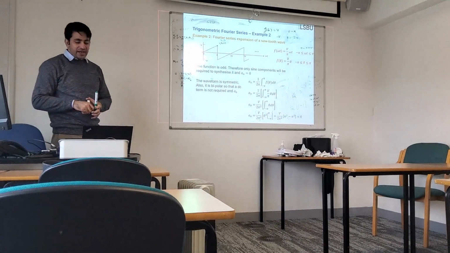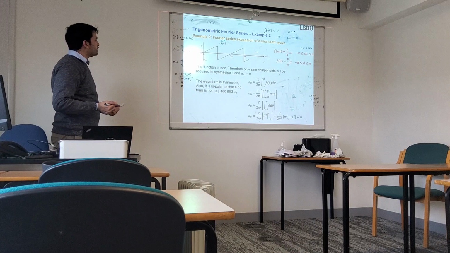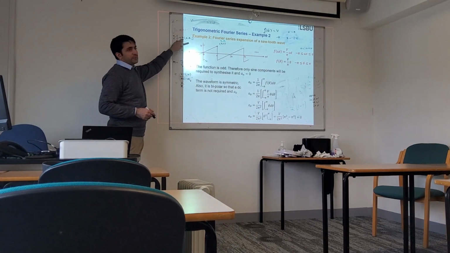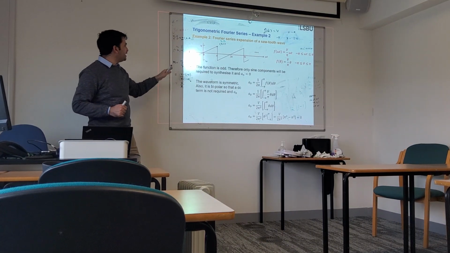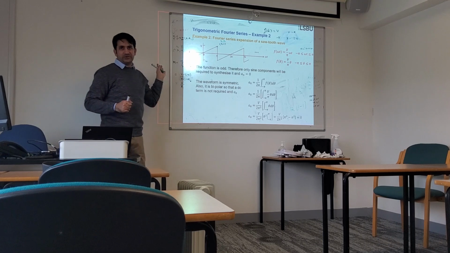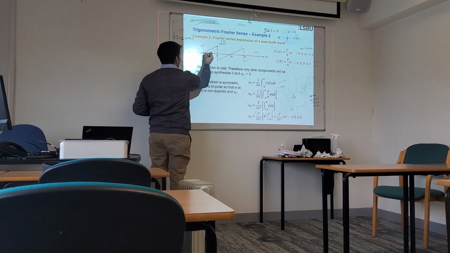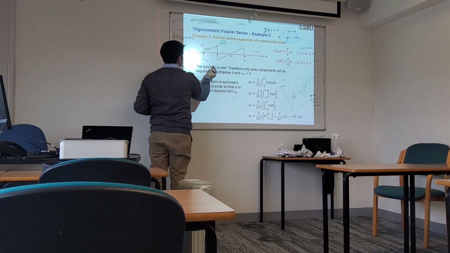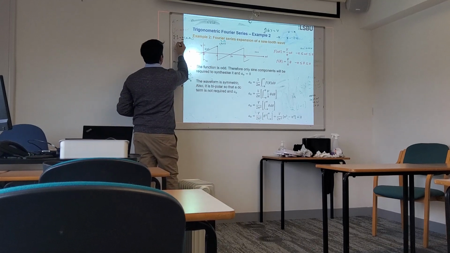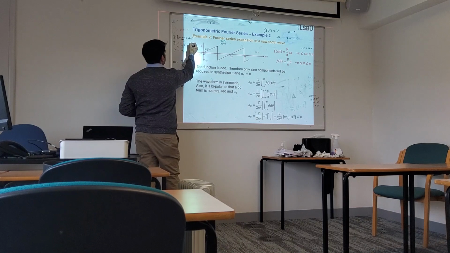This was the first step. And the second step is that we can choose any point on this function and use this equation. For example, I choose this point, which is 0, 0. So I can put it here: y minus 0 equals v by pi times x minus 0.